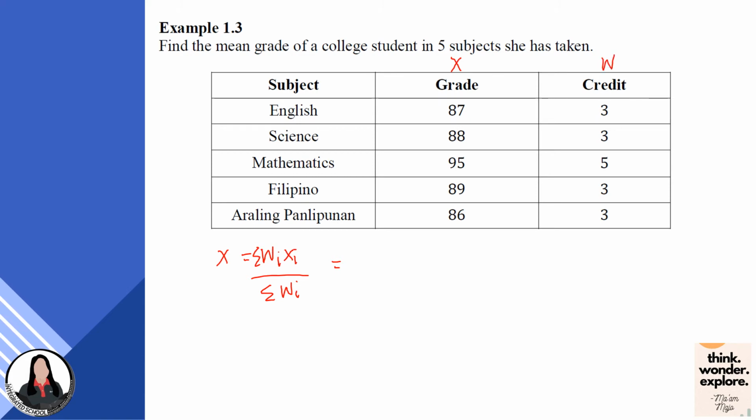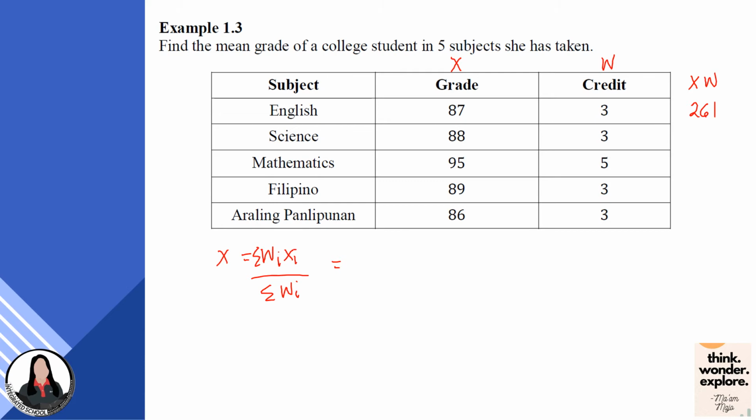Ito yung weight na nakapatong sa bawat value ng X. So for us to get the summation of W sub I, X sub I, kunin natin ang sum ng X and W. Okay, so we have 87 times 3, we have 261, and then 88 times 3.